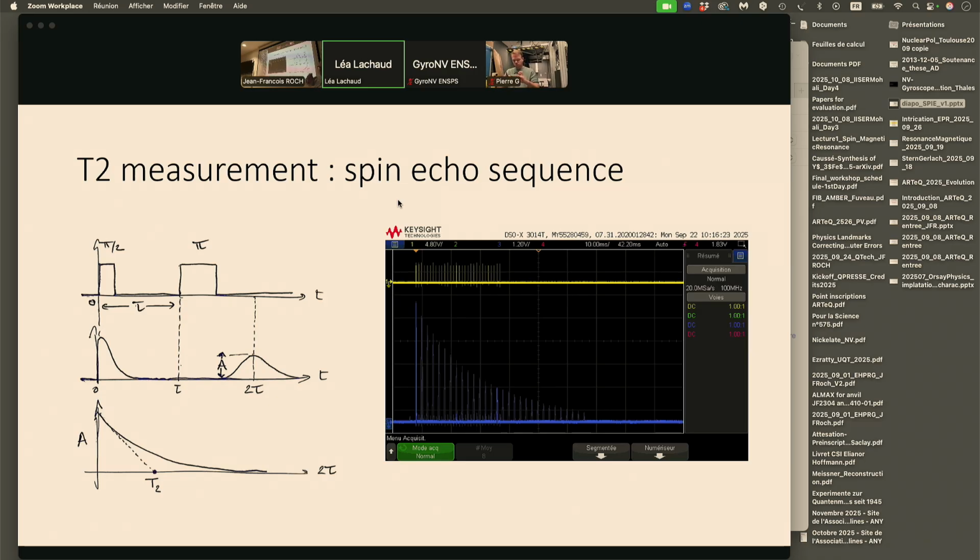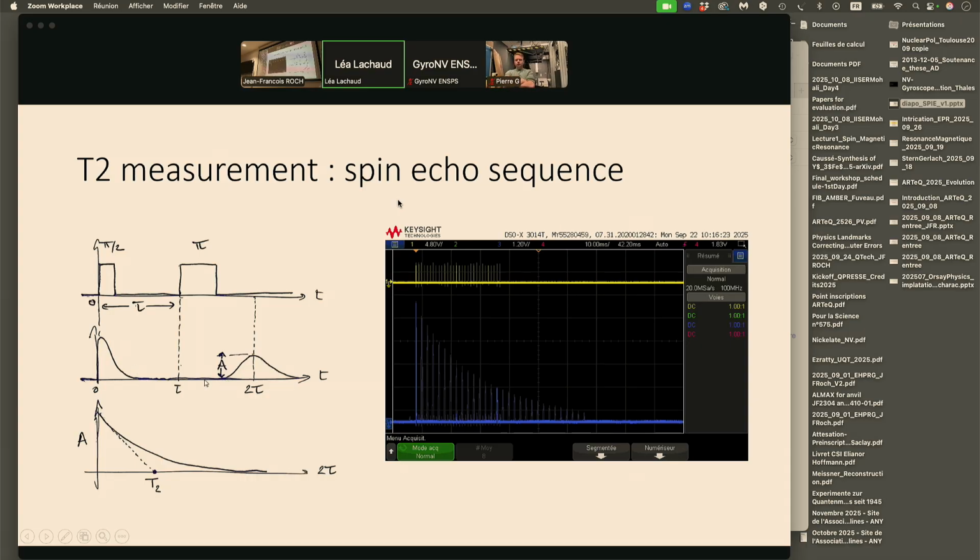So spins which were rotating faster than the others, the Bloch vector is going to be reflected through the equatorial plane and is going to rotate the other way around, meaning that what was a phase advance before the pi pulse becomes a phase delay after the pi pulse, right?